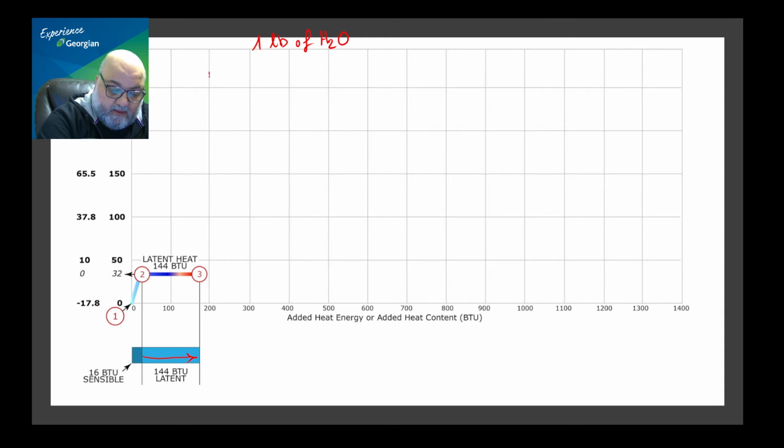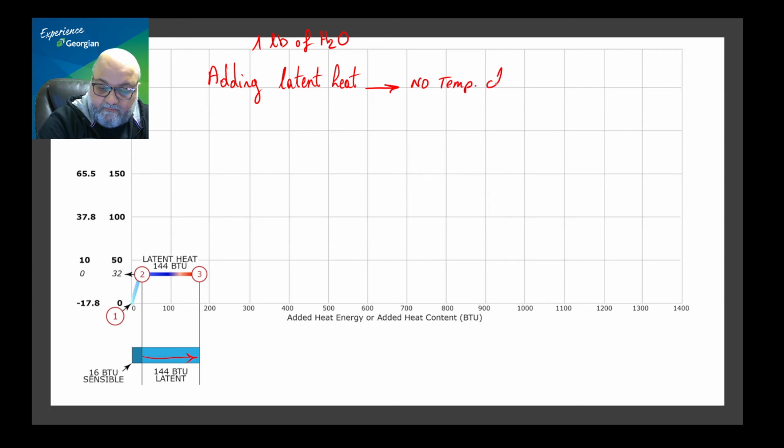So adding latent heat will cause no temperature change. That's why it's latent, it's hidden. We cannot detect it.